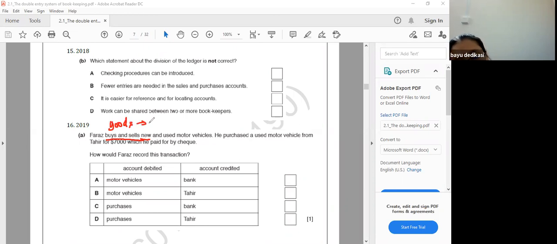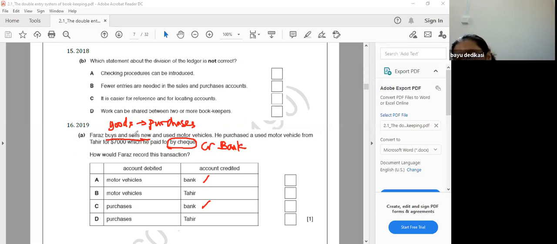So when it's goods, this relates to your purchases. When you pay by check, that means your credit must be bank. So which one is bank? 1 and 2. But this 7,000 is for buy and sell.